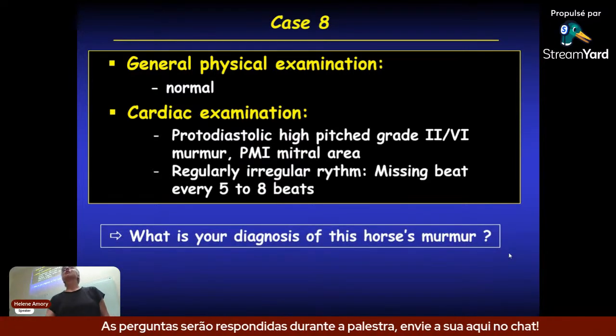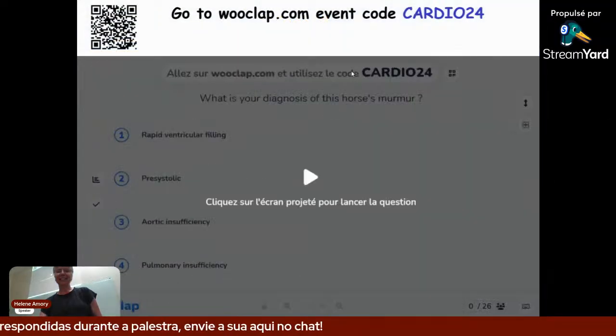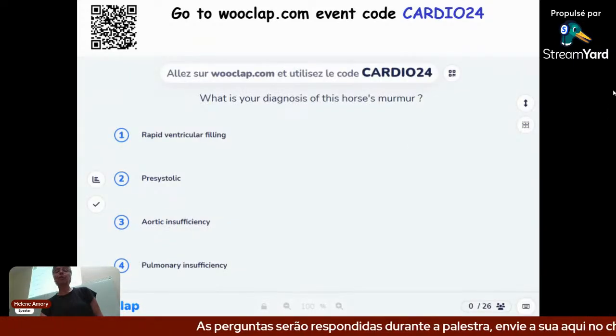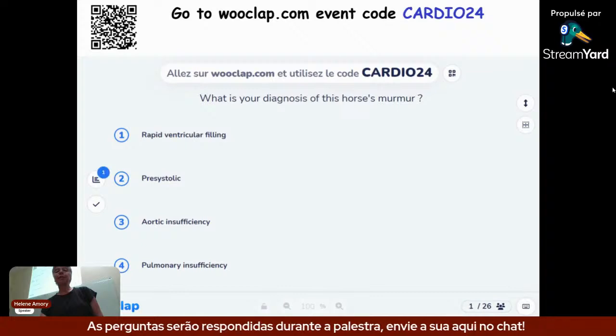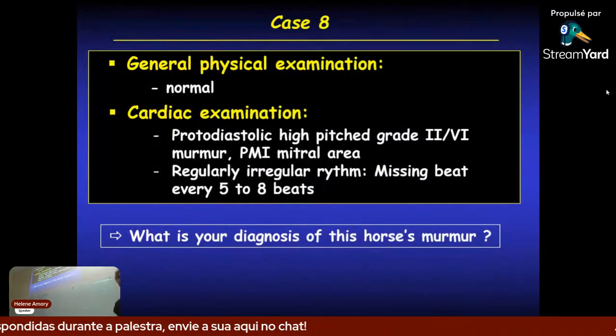And the question is, what's your diagnosis for the murmur? What would you suggest? We are in the diastolic murmurs. You have your table: rapid ventricular filling, presystolic, aortic insufficiency, or pulmonary insufficiency. The characteristics are here.